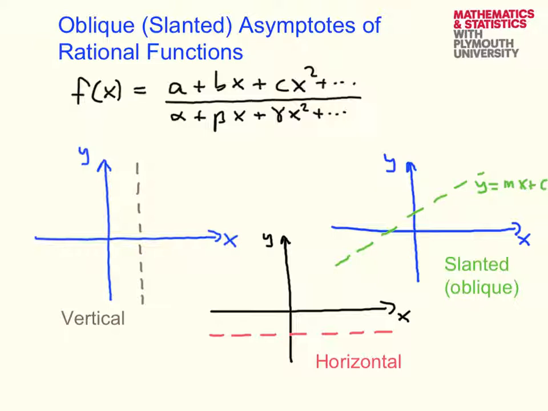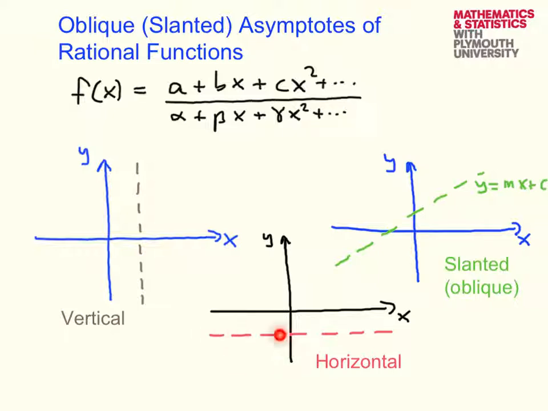What about horizontal asymptotes as drawn here? This means that for very large values of x, either positive or negative, our function will approach this constant value. Again, it will never get there, and it will approach it either from above or from below, depending upon the function, and again here either from above or from below.